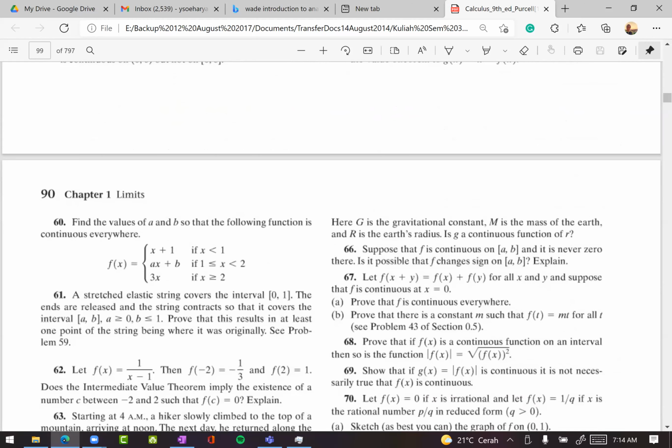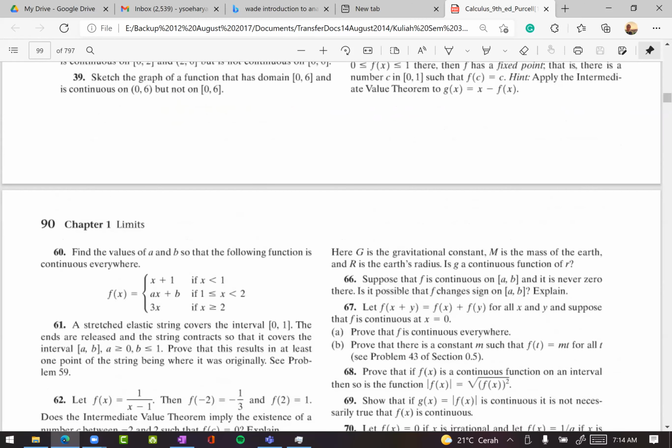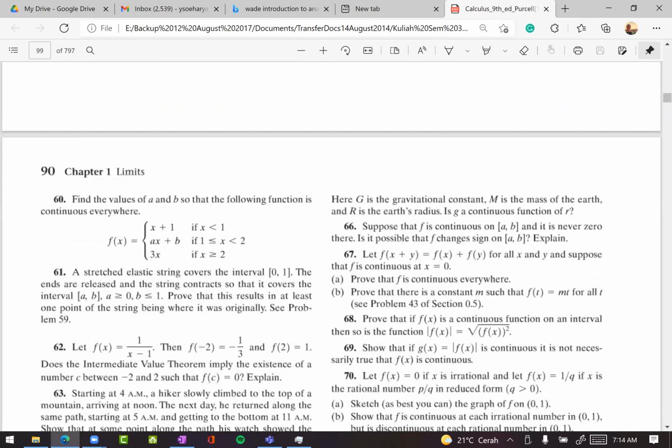All right. This is sample problem 16. So you have a piecewise defined function. To the left of 1, it's defined as x plus 1, so linear.